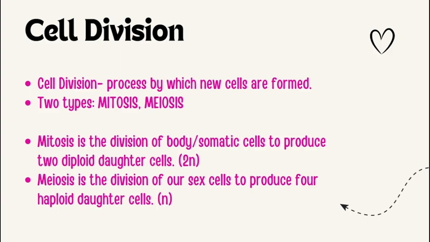So it's really repair and replacement of worn out cells in the body. That's what mitosis is. While with meiosis, we're talking about offspring. And the end goal of meiosis is going to be 4 haploid daughter cells, and haploid is represented by n.